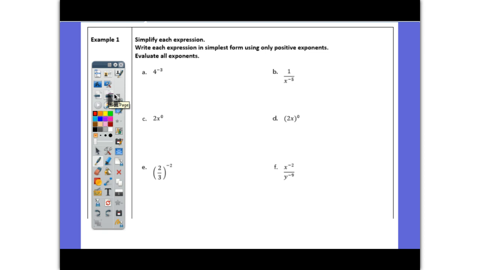All right, next page. See what you get for this one. 4 to the negative 3. Put a 1 under it. Simplify it, please. Hold up your answer. Look here. I don't like 4's attitude, so we're going to reciprocal. Go 4 to the positive 3. 1 over 4 to the 3rd.